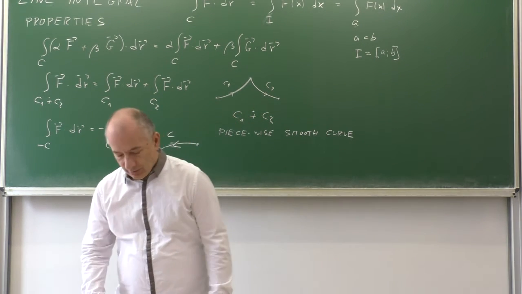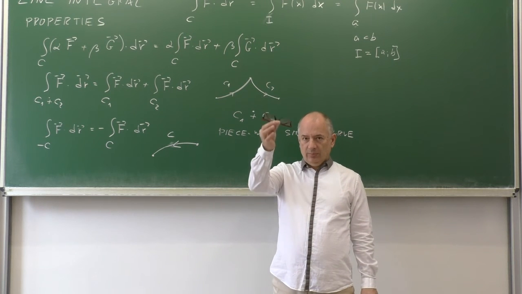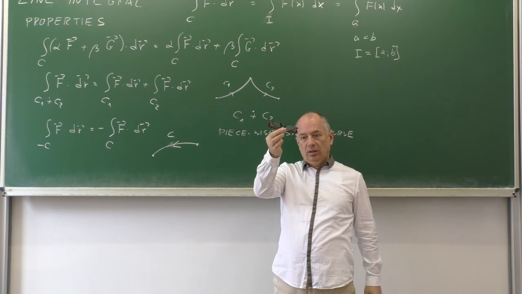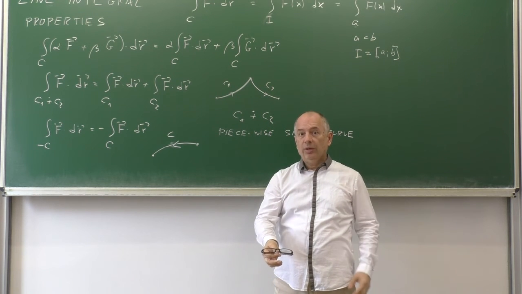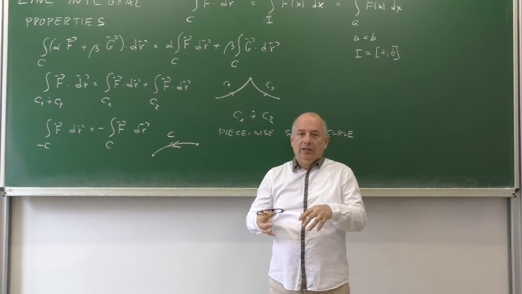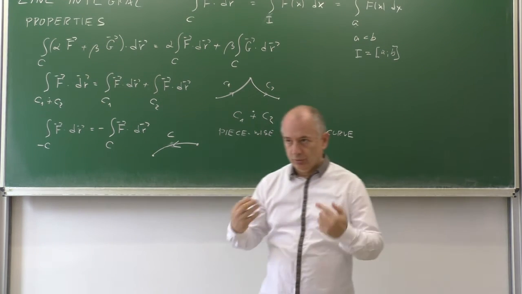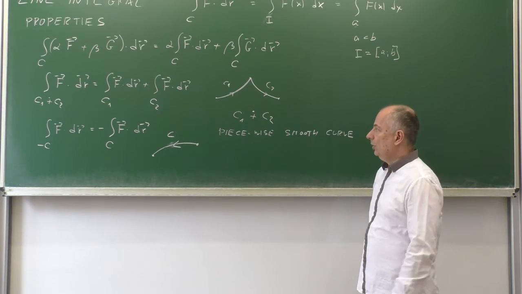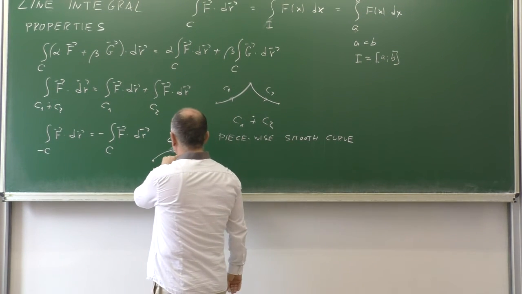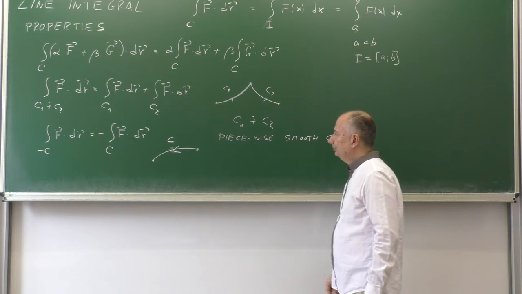Say, if you take some object and you lift it up, you do some mechanical work. And if you go backwards, you can consume this work. So you do a negative work. That means if you are clever enough, you can make use of this work, this difference of energy. So if we reverse the orientation of the curve, the integral changes the sign.